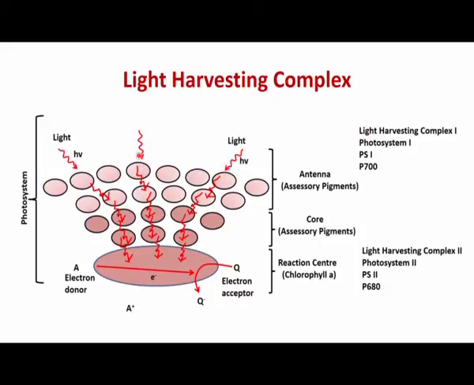Beta carotene is competent to absorb very high energy light, whereas the chlorophyll molecules are also present so that if high energy light is not coming, the chlorophyll molecules will also participate in absorbing light from the sun.